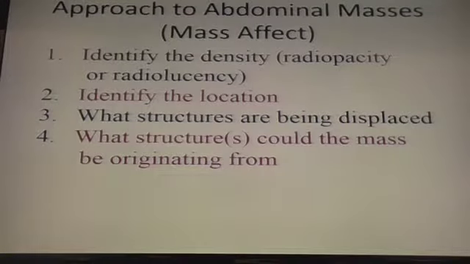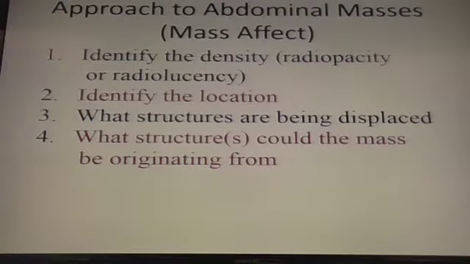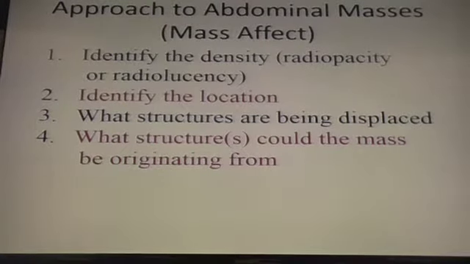Then second, where is it located? Because you have to think about what structures are located where the mass is associated with. What structures is the mass displacing? And then you talk about a differential for whatever structure is located in that area.